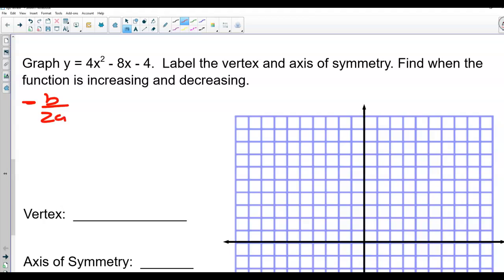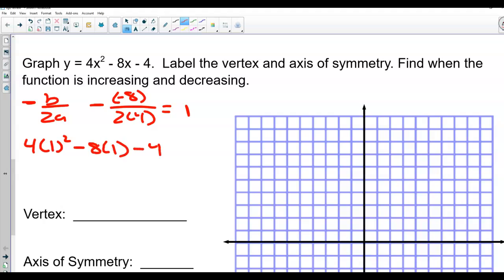-b over 2a represents the vertex. So we're going -8 over 2 times 4. The double negative results in a positive 1. 4 times 1 squared minus 8 times 1 minus 4. 1 squared is 1. 4 minus 8 minus 4.